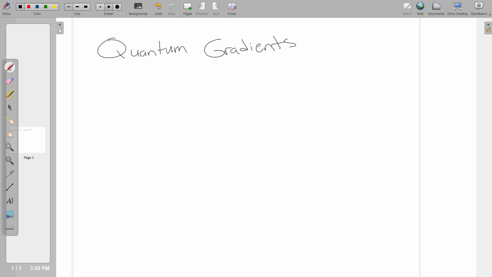And so I figured it would be good to go over some gradient information. We know that for some parametrized quantum circuit, we have this function.